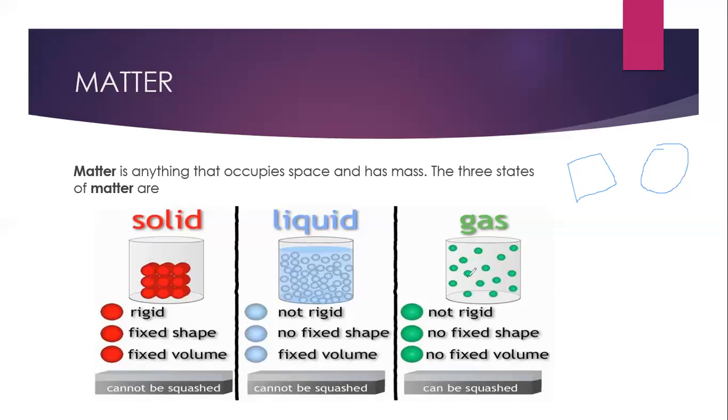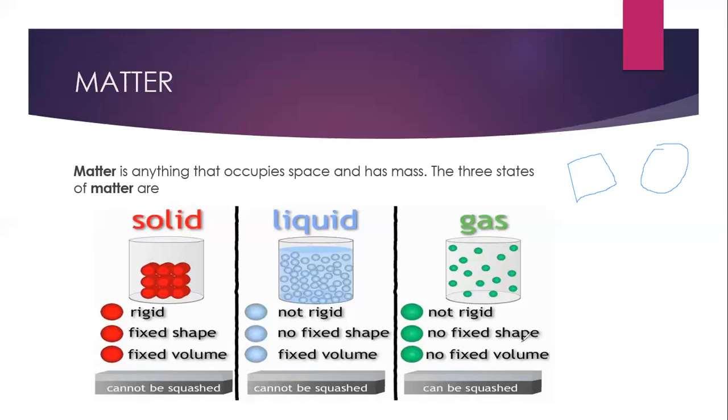If we talk about the gas, once again they are not rigid because gas has a tendency to flow, and they do not have a fixed shape and they do not have a fixed volume. Suppose I put the gas into a square shape container, it occupies the square shape. If I put the gas in a circular container, it occupies the circular container.